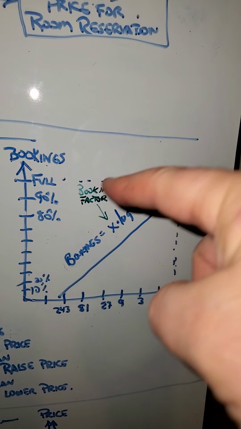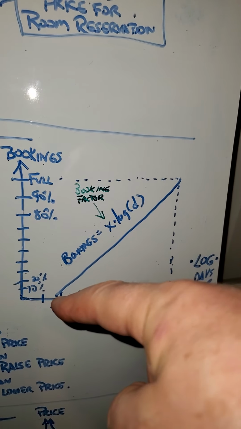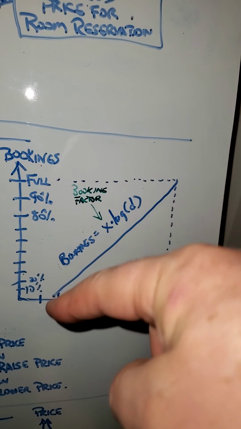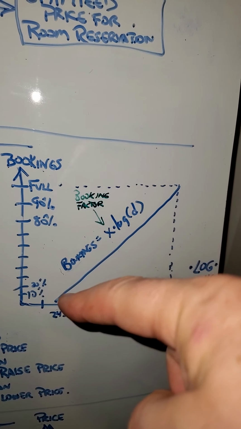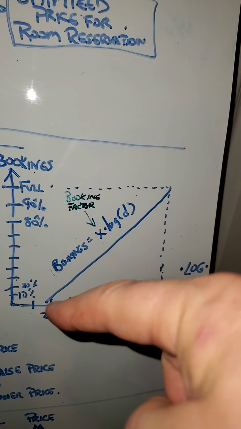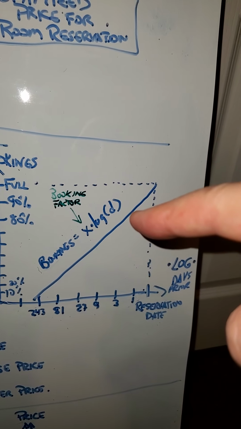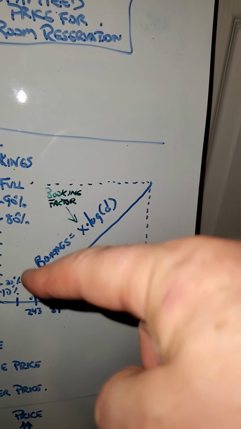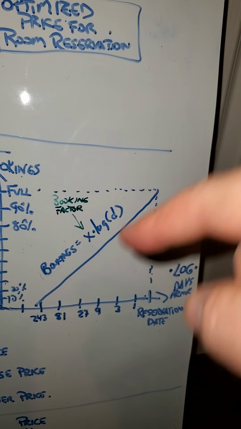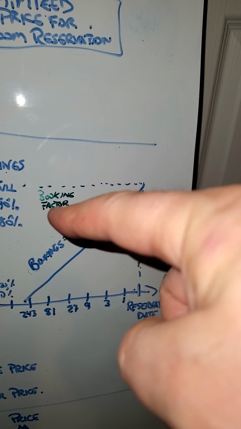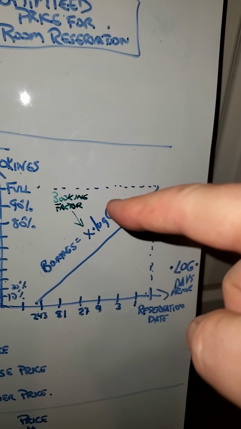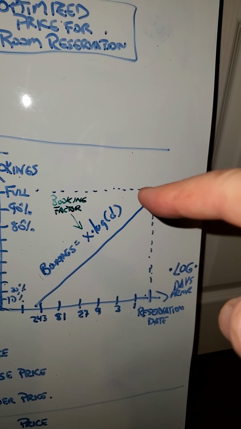How much we raise will be determined by how fast we're going up, and how much lower we make the prices by how much slower we're going. As we get closer here, those prices can tend to normalize. If we're going up really fast, we raise prices, and that'll bring it back into here.